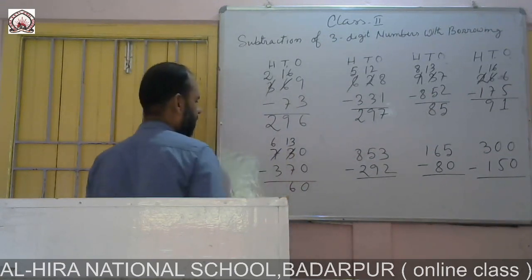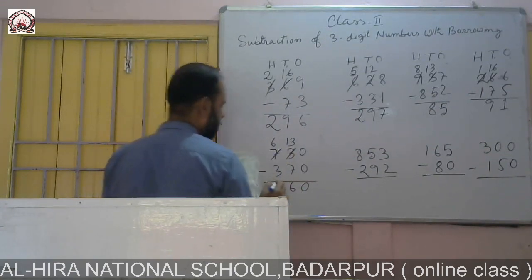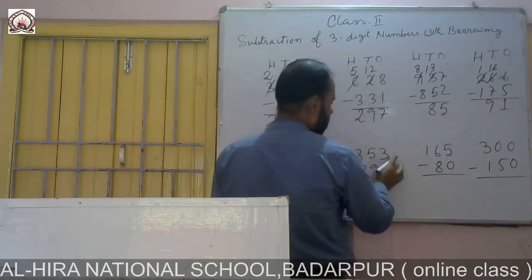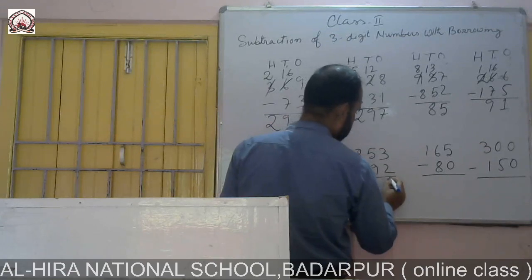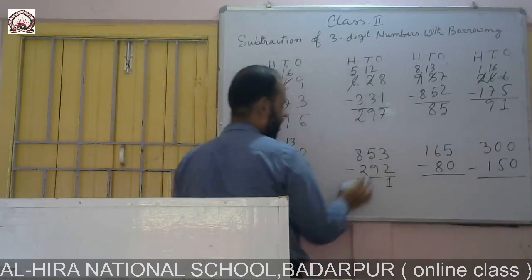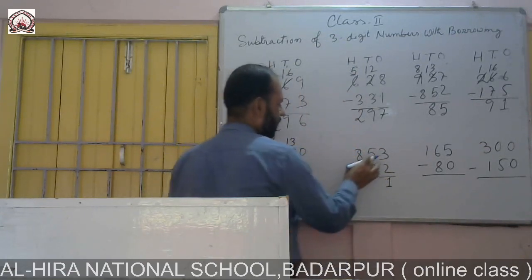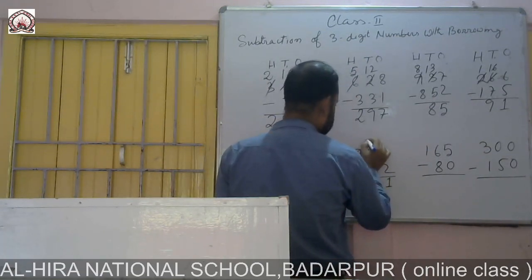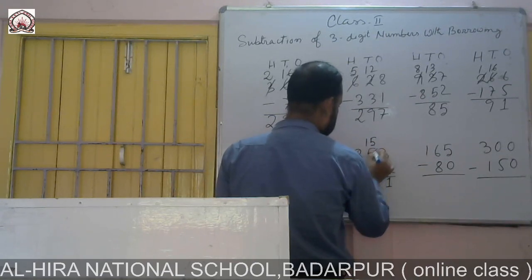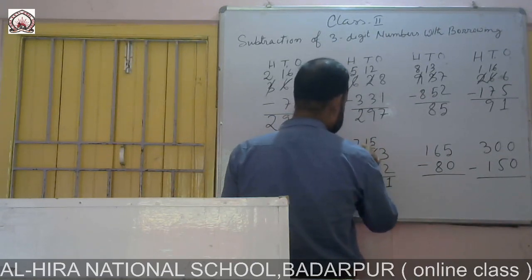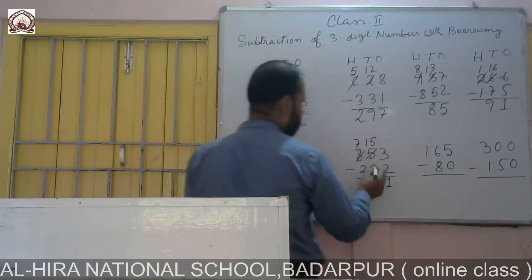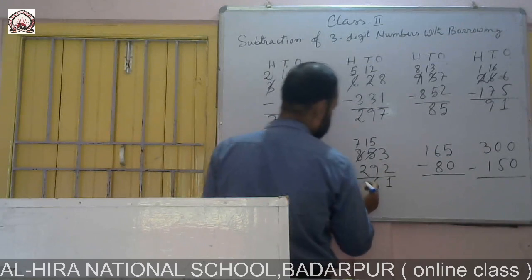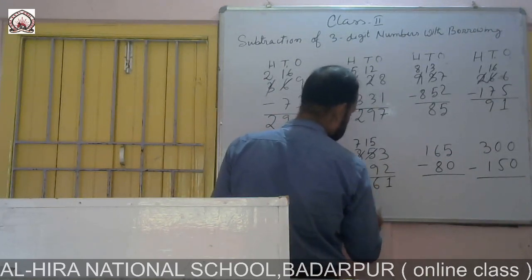And here 6 minus 3 is equal to 3. Next, 3 minus 2 is equal to 1, and 5 minus 9 cannot, because 5 is small and 9 is big. We borrow 1 from 8, it is 15, and there remains 7. 15 minus 9 is equal to 6, and 7 minus 2 is equal to 5.